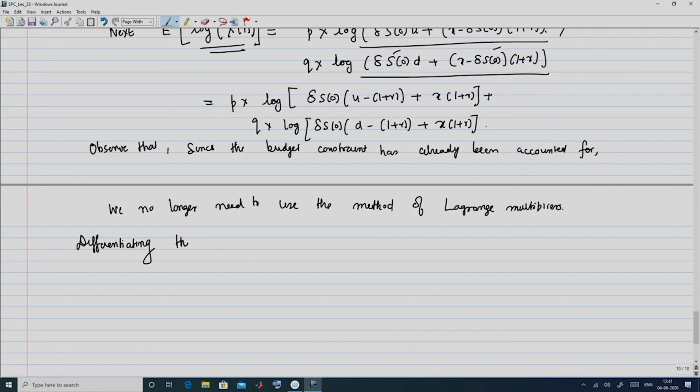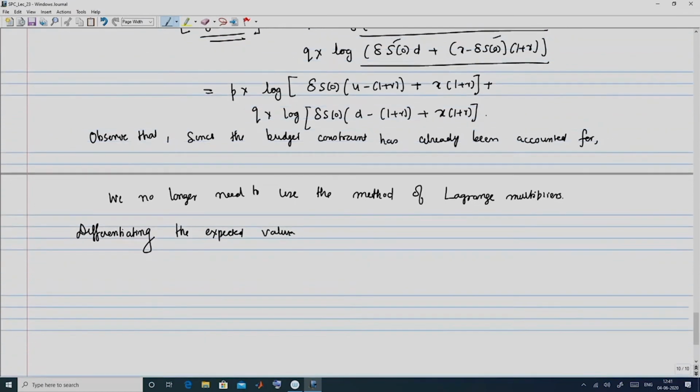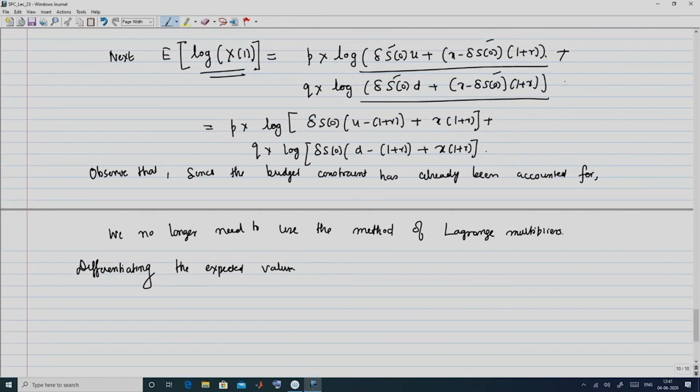So, differentiating the expected value, we have this expected value here. Remember that here p and q are given to you, you know what is u, d and 1 plus r, and of course, you know what is x and S0. So, the only factor that you need to determine is going to be the delta, and you need that delta for which this expected utility is maximized.